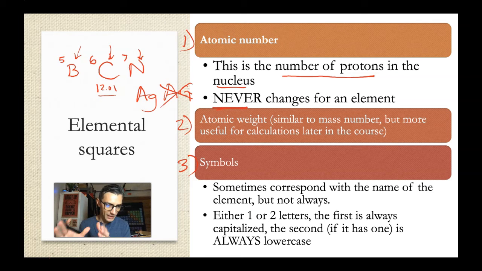The reason is that if you put multiple elements together to create a molecule or a compound, you don't get confused about which element is which. Or are you talking about 2 elements or 1 element? That could get really confusing if you used all the same case, all uppercase or all lowercase. So we always use this naming scheme where the first letter is always capitalized and the second one is always lowercase.